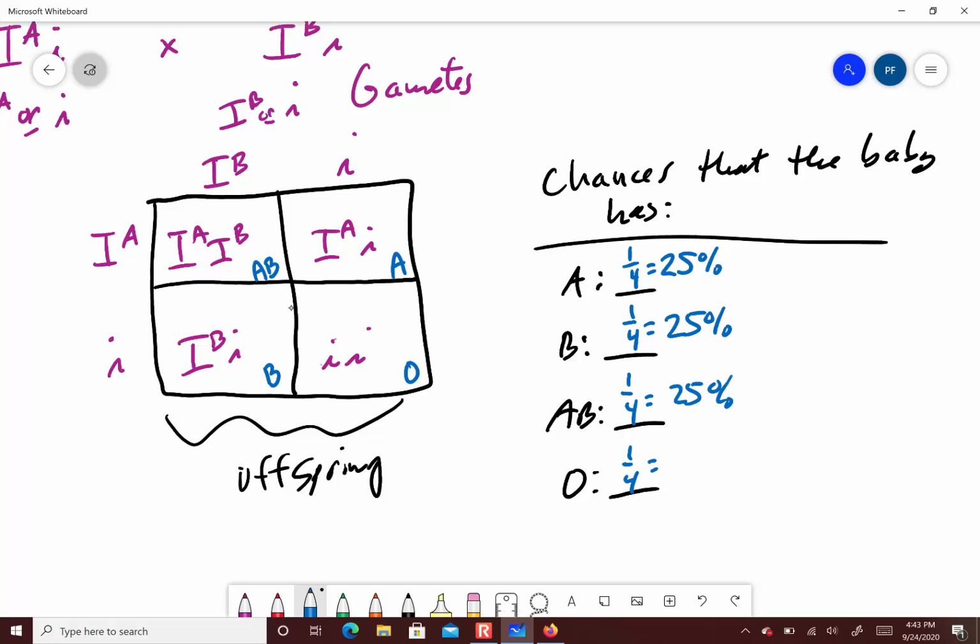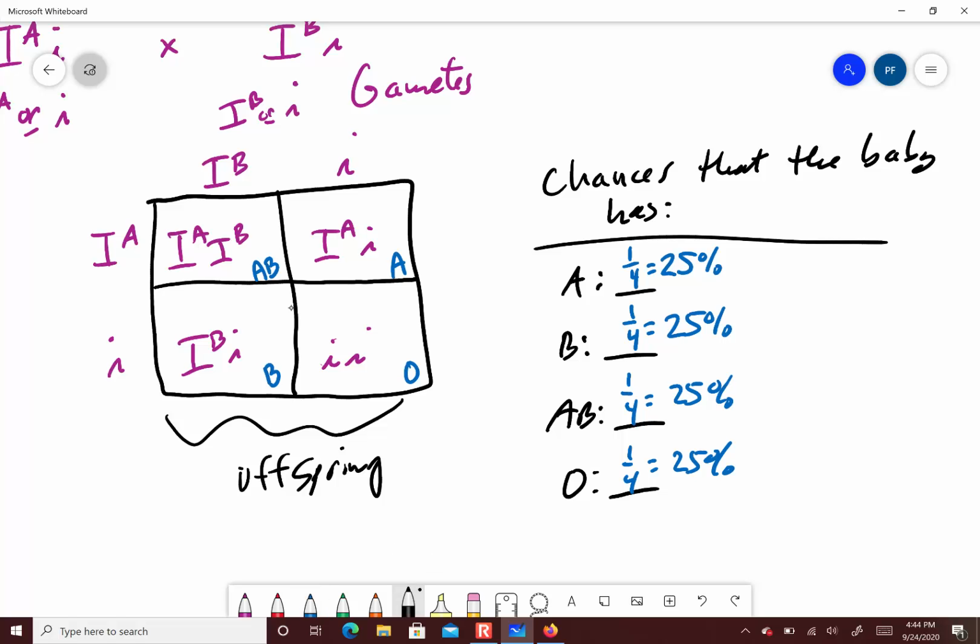O, 1 out of 4, 25%. All right, so that's what we're going to do with ratio stuff for the blood type. So we're not technically doing a genotypic ratio. This is a phenotypic ratio. It's just a different way of asking you to do it. All right, so that's our ratios that we're doing.